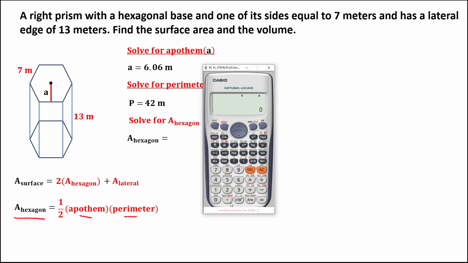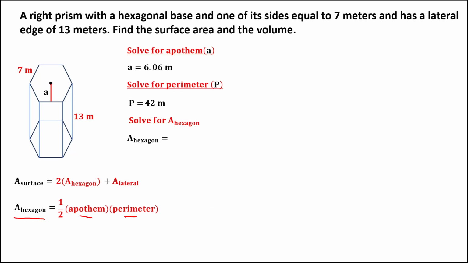So this is 1/2, which is 0.5, times the apothem, that's 6.06, then times the perimeter, that's 42. So the area of the hexagon is 127.26 meters squared.